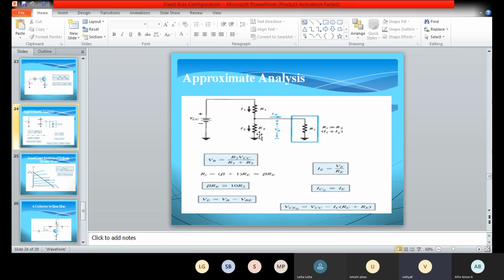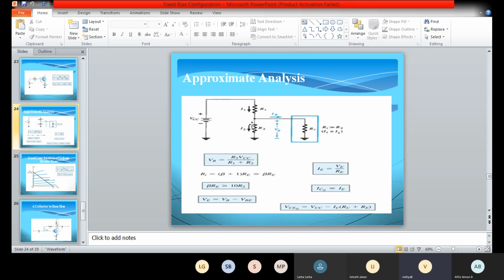Next, approximate analysis. I have already told you, one is exact analysis and another one is approximate analysis. In approximate analysis, the input section of the voltage divider configuration can be represented.